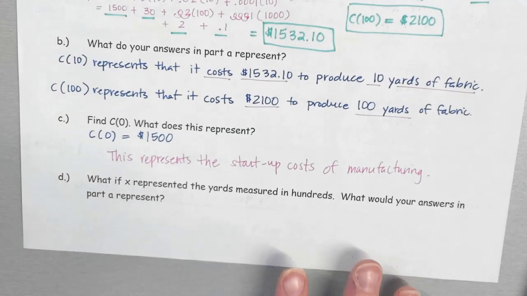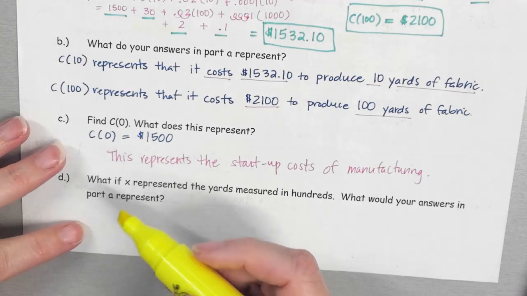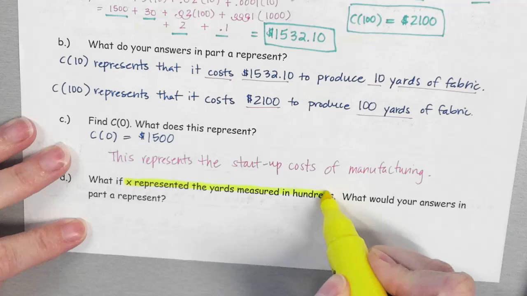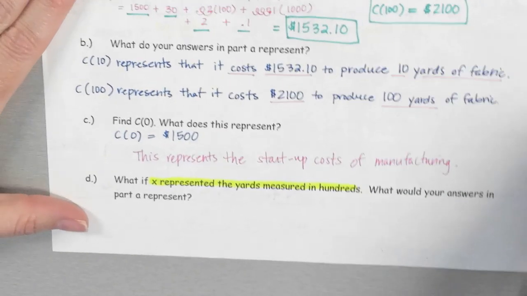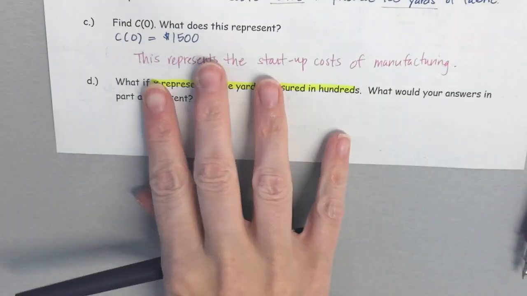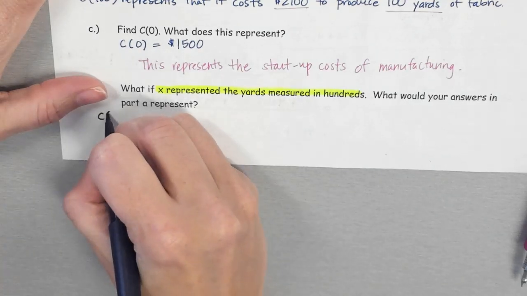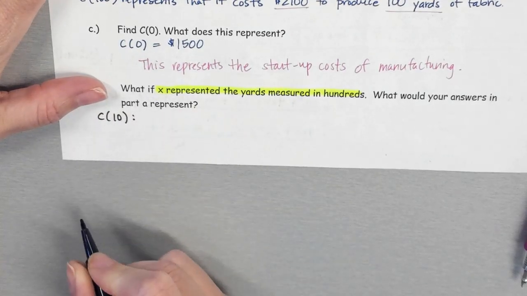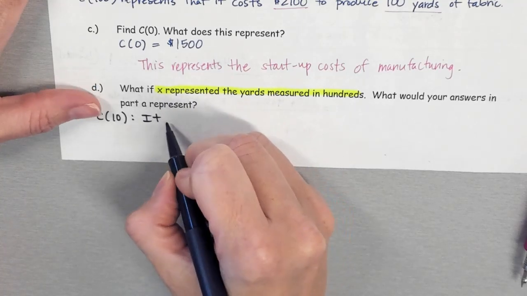So if X is represented in hundreds, we're going to talk about what our answers in part A would represent. It's only the X that's being changed in this case. So for C of 10, I'm going to give you the sentence structure.